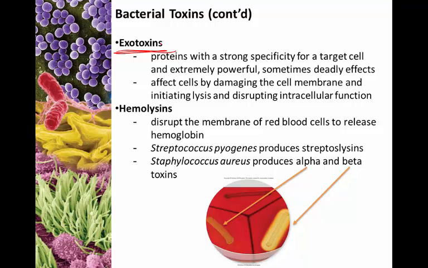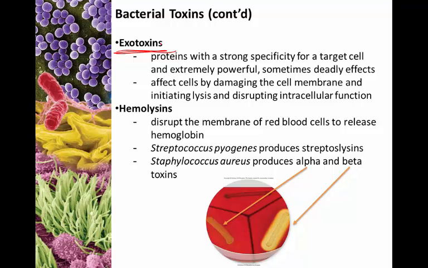So they'll stop things like enzymatic pathways. Now, an example of this are what we call hemolysins. Hemolysins specifically disrupt the cell membrane of red blood cells. What they do is cause the release of hemoglobin from the red blood cells, and this basically destroys the functionality of the blood cells themselves. Very commonly, you see these produced by Streptococcus pyogenes, which produce things like streptolysins.